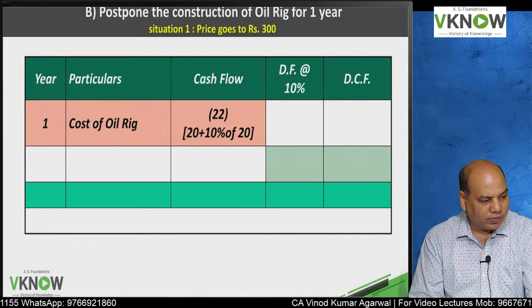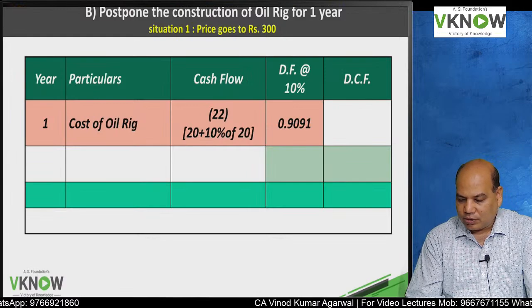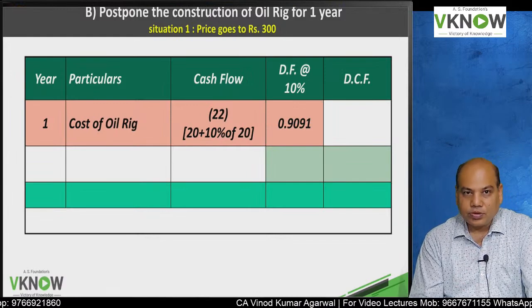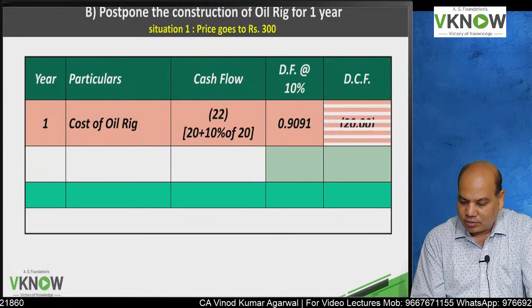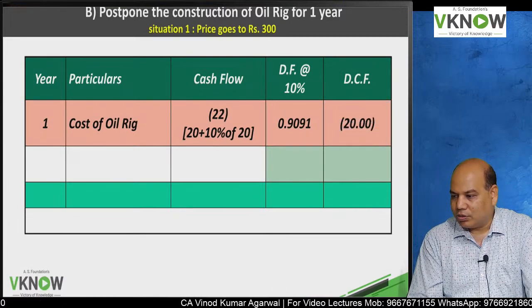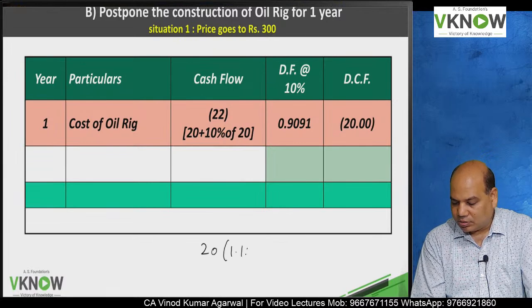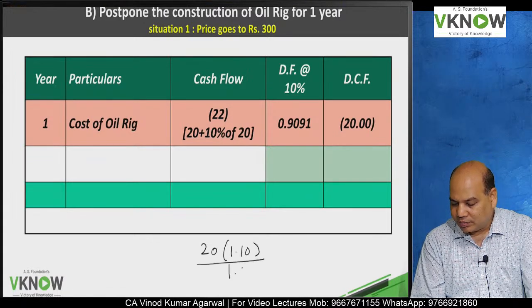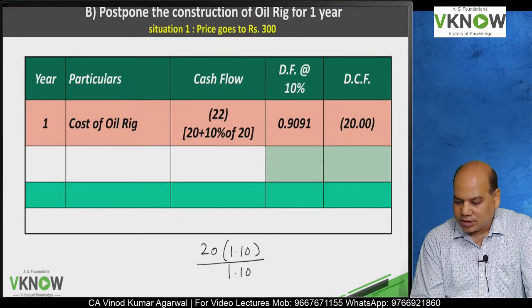Present value factor for year 1, 0.9091, and present value you should get same amount. You are multiplying 20 by 1.10 and again dividing by 1.10. You should get same answer.